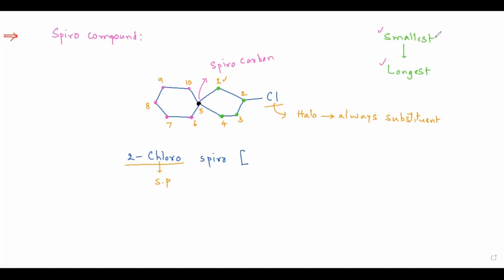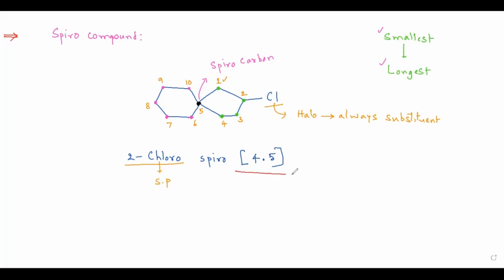Now, just as the numbering is given, first, the number of carbon atoms in the smaller ring, then the number of carbon atoms in the larger ring with a dot. It is not comma. Even in the previous case also. In case of bicyclo also, we have written dot, not comma.